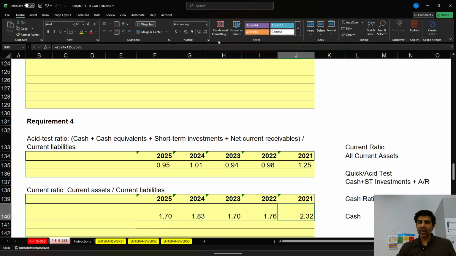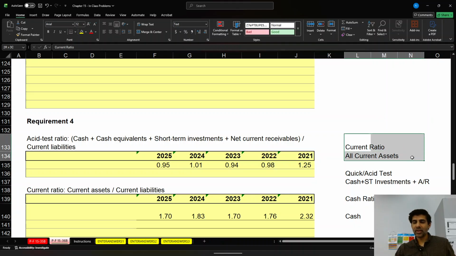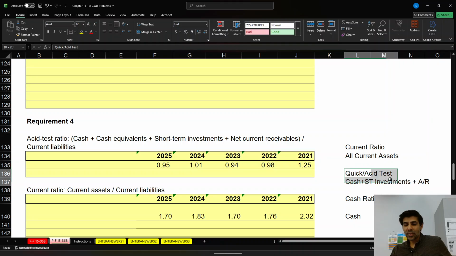This is always going to be the highest ratio, this is going to be second highest, and this is going to be lowest. You can see that reflected here because this is the most aggressive, meaning you assume all your current assets are available to pay off your current liabilities. This one assumes that only the most liquid are, and this is obviously the most liquid, which is cash.